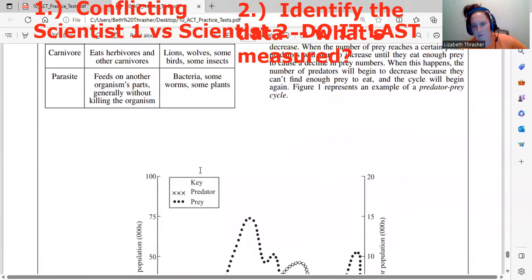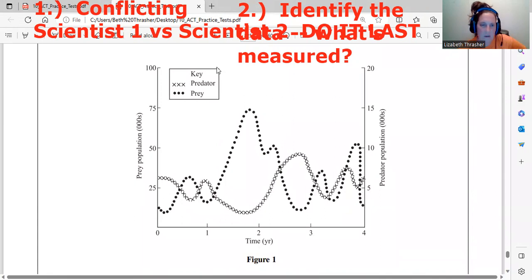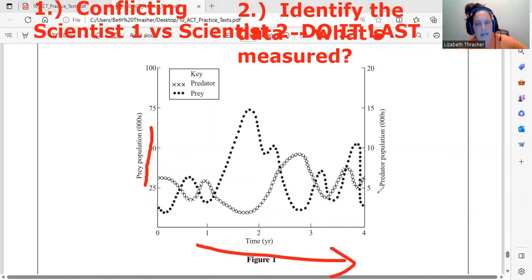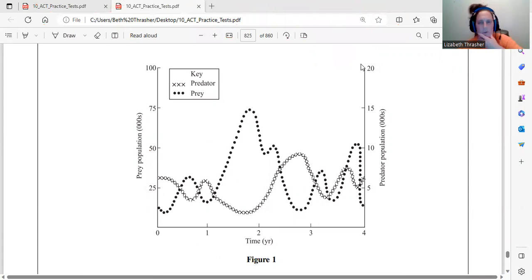Then down here, what's the data being measured? Prey population and time in years. Predator, prey, time. Now that brings me to number 3.